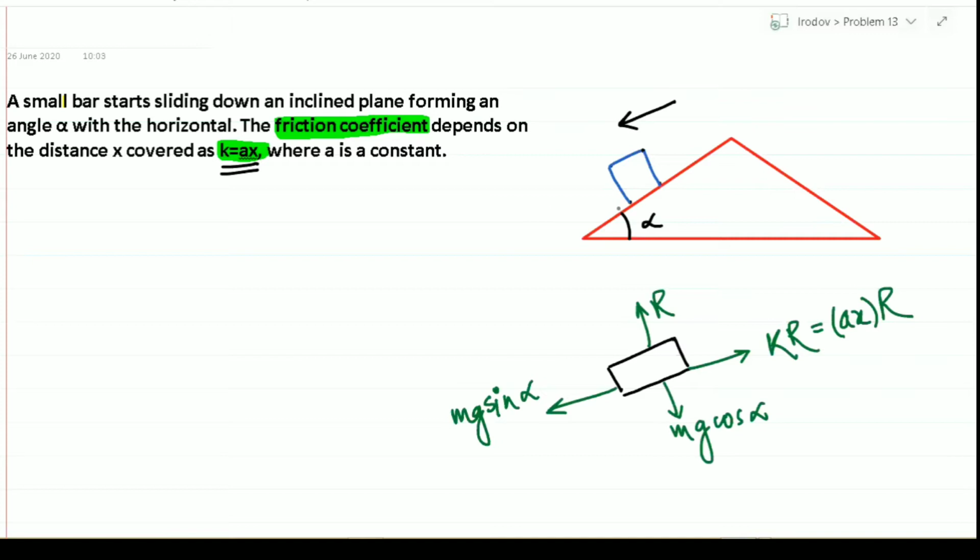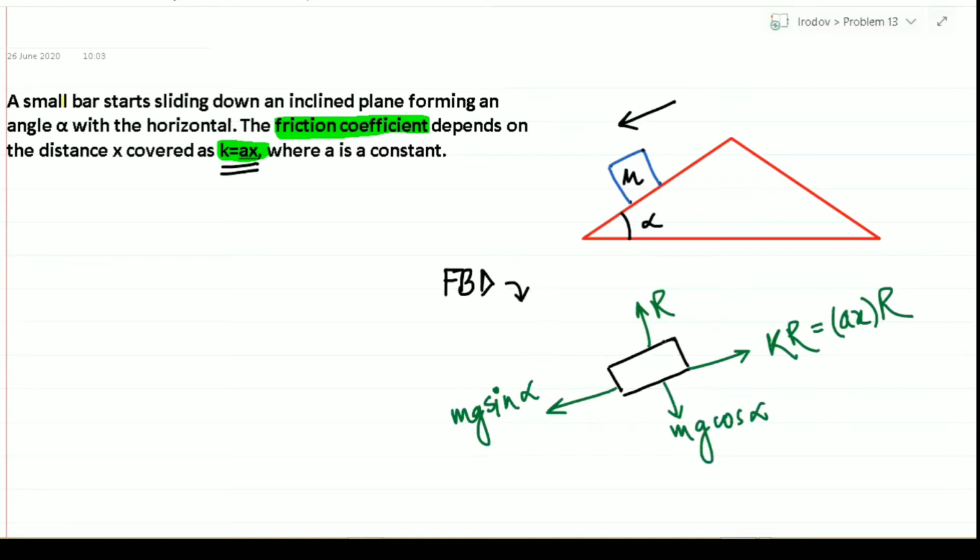So this is the diagram here. This is the bar, and let us assume that it has a mass m and the inclined plane with an angle alpha. So we will look at the free body diagram of the block.